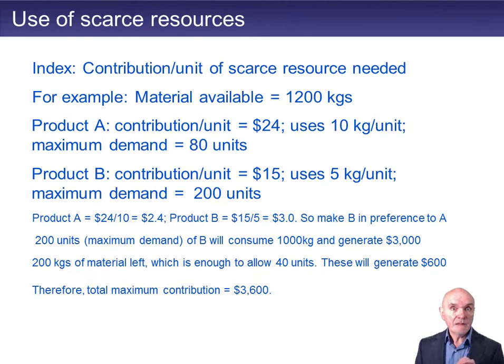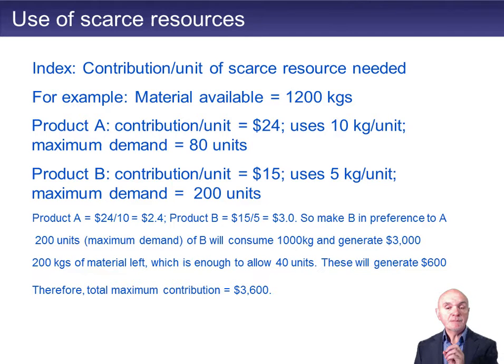And the secret is to work out the contribution per unit of key factor needed. So if you look at product A here, the contribution is 24. It uses 10 kilograms. So each kilogram we give to product A is earning 2.4. Product B, 15 contribution, uses 5.